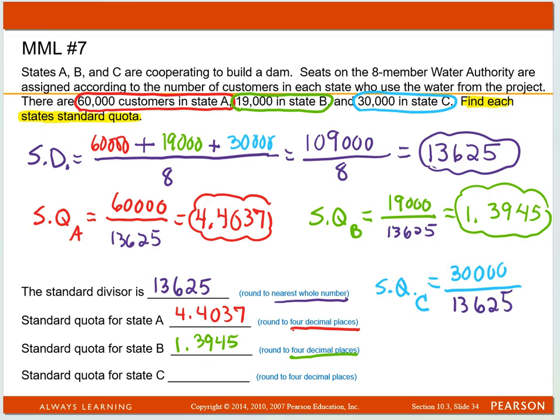And again, grab your calculator, divide, and round that off to 4 decimal places, and you should get 2.2018. And that's the 4 decimal places there. And that is number 7. That's all they wanted.